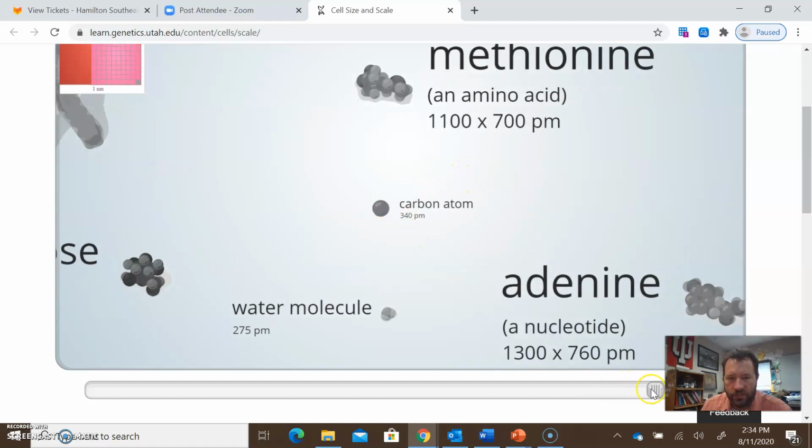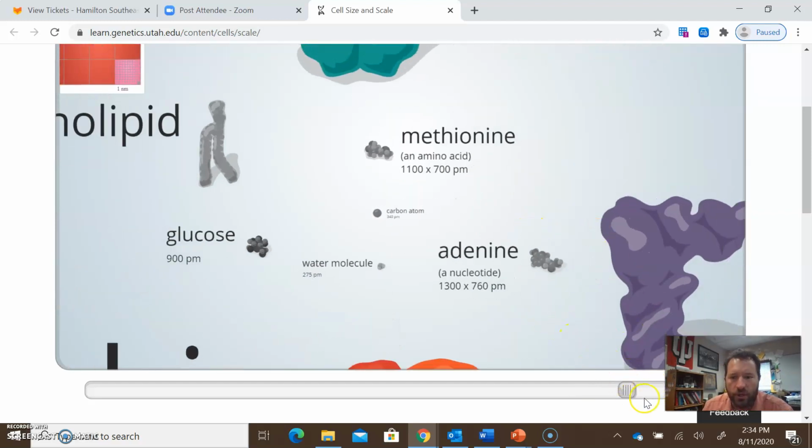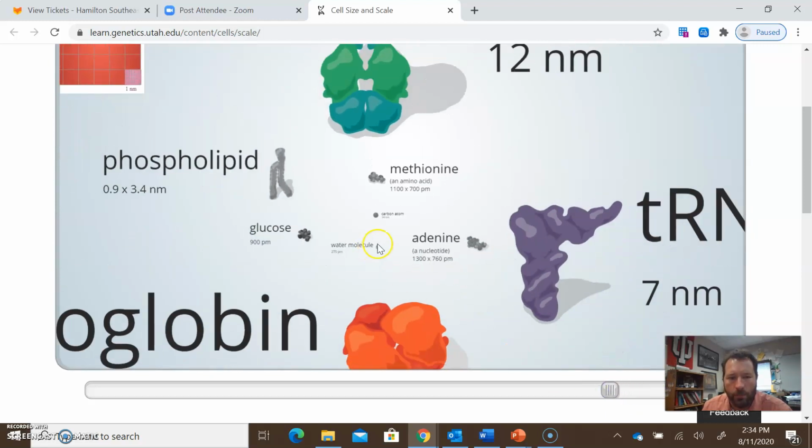I'm going through all this and showing you guys all this because today we're starting with macromolecules. Yesterday we really focused on water molecules, so very, very small molecule versus the macromolecules, which are phospholipids, proteins, and DNA or RNA.